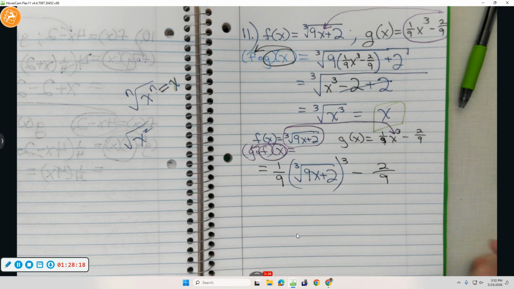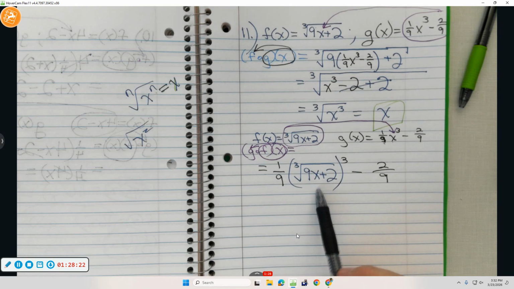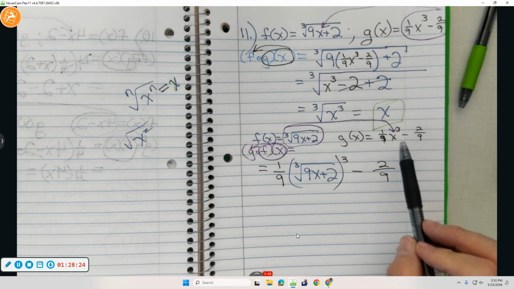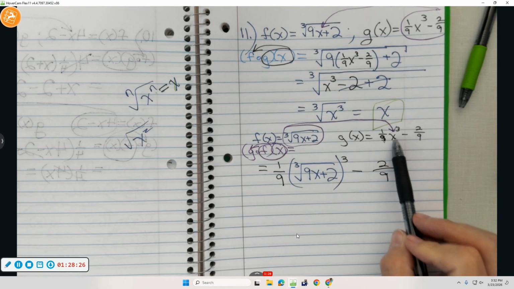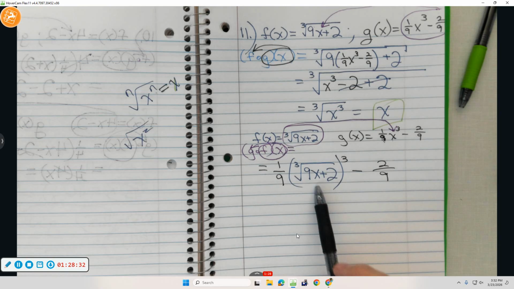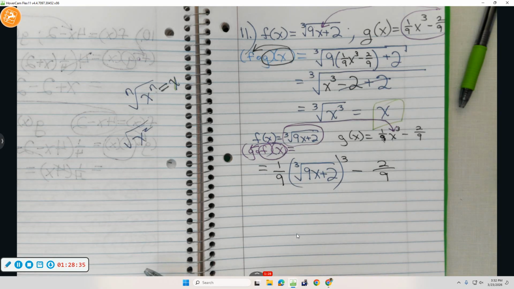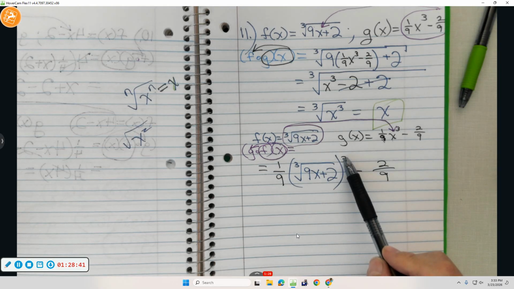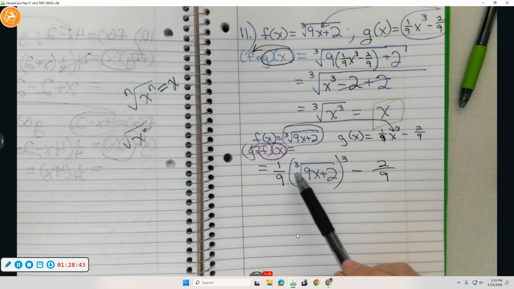Something's about to disappear. Well, first of all, any questions on how we made the substitution? We took f of x, plugged it into g of x. So that single letter x became a cube root of 9x plus 2. What is the nice thing? The cube cancels out that cube root.